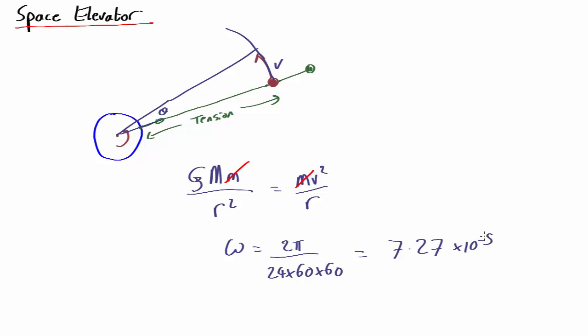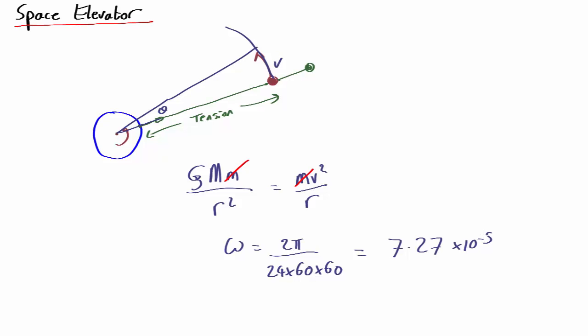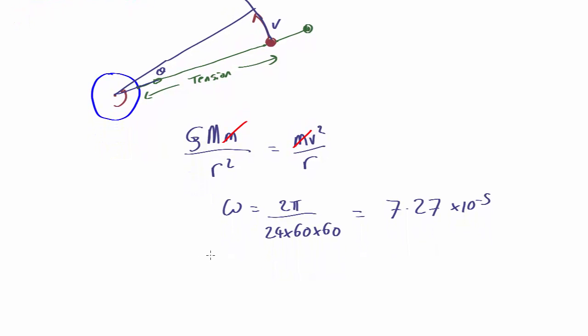So that angular speed means you go around once every 24 hours. The linear speed, if you remember, v is just equal to omega r. So we can rearrange this equation. So we get GM over r squared equals v squared over r, which is omega squared r squared over r.